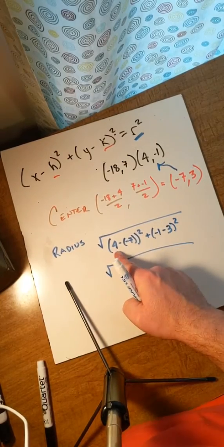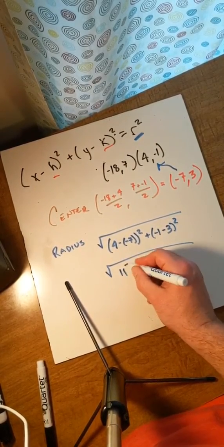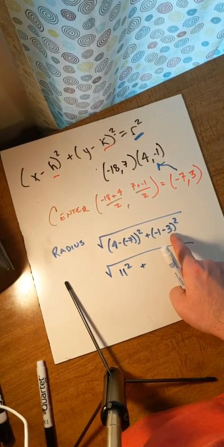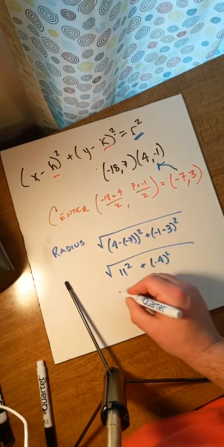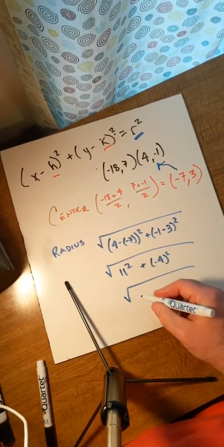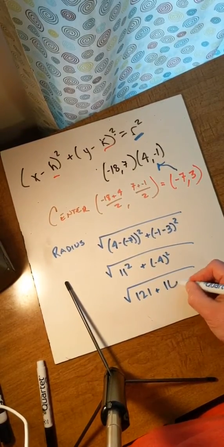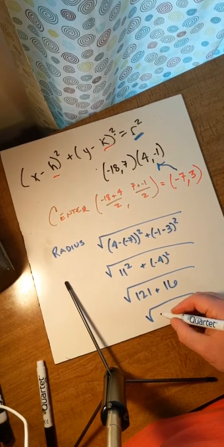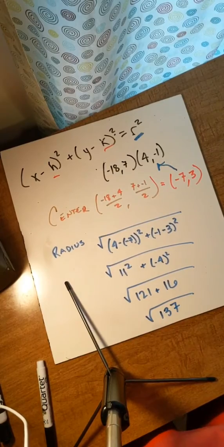All right, so 4 minus negative 7, that's 4 plus 7, that's 11 squared, plus negative 1 minus 3 is a negative 4. Now when we square those, 11 squared is 121. Negative 4 squared is 16. We add them together, and that would be 137. Radical 137.